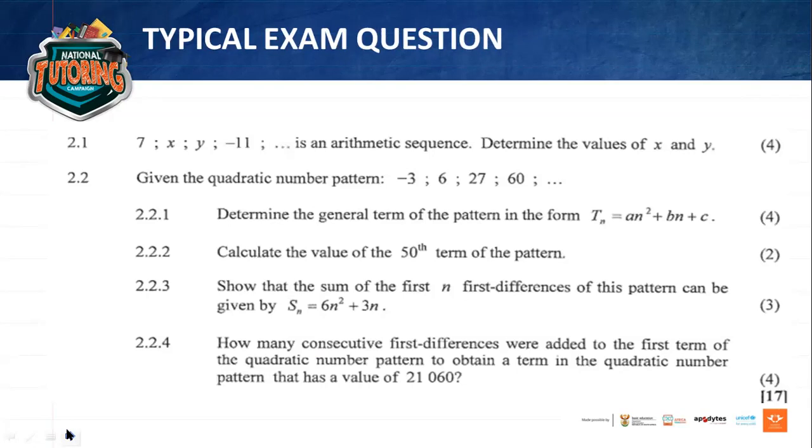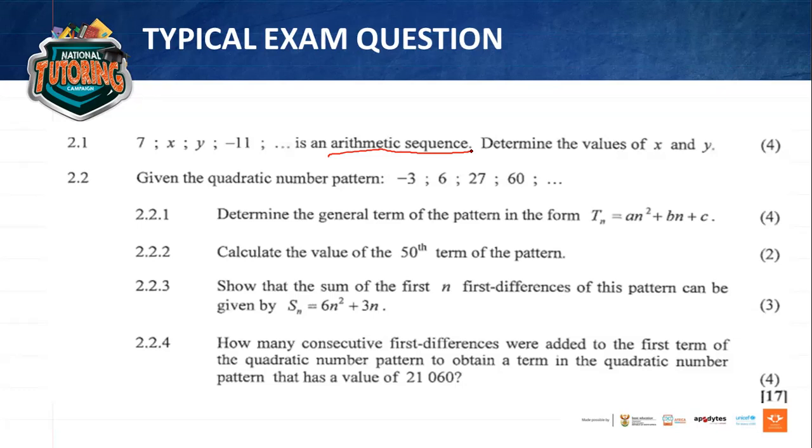So there is question 2.1. In 2.1, we have 7, x, y, minus 11. We are told something important: that this is an arithmetic sequence. Remember, if we are not told the type of sequence, we have to find a method to check whether it's arithmetic, quadratic or geometric.